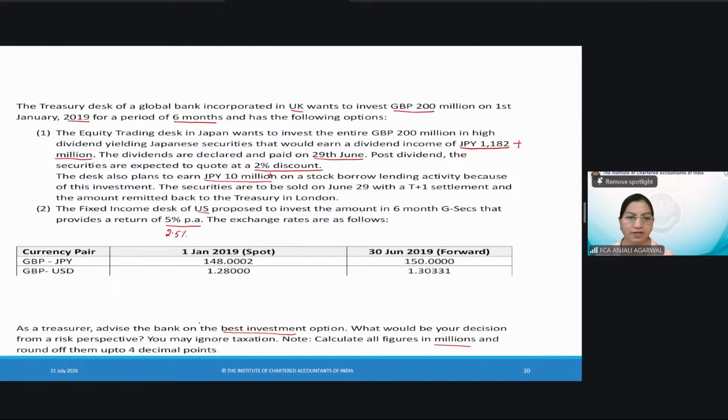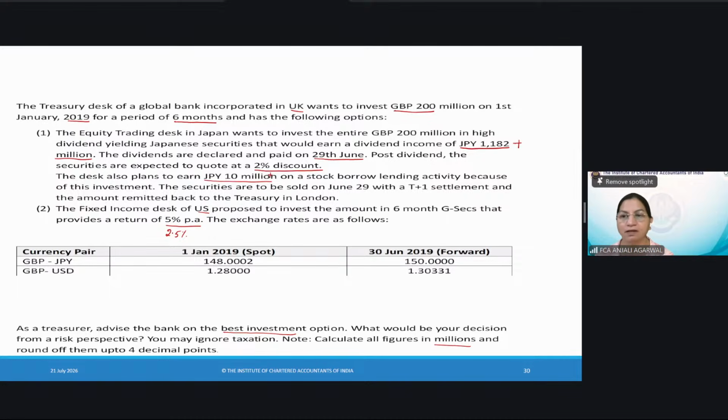So as a treasurer, advise your bank on the best investment option. If we take the risk perspective, which we must take considering the best investment, Japanese investments are in equity.